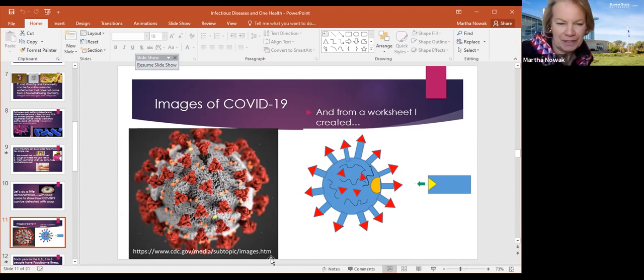Oh, I need to have it not on virtual for you to be able to see. This is the model. And I'm going to show you how, with a model, the COVID virus is actually torn apart by the soap particles.